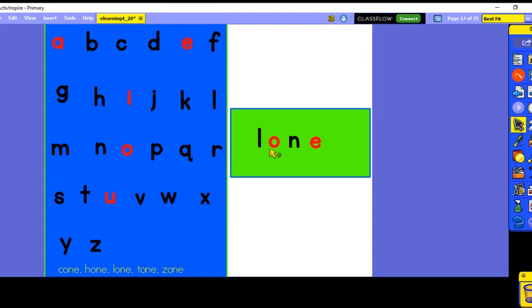O, l, own, loan. T, own, tone. Z, own, zone.